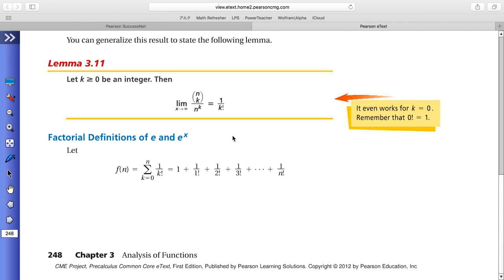Lemma 3.11 says: let k be a non-negative integer, then the limit of n choose k over n to the k's power as n approaches infinity will be equal to 1 over k factorial.